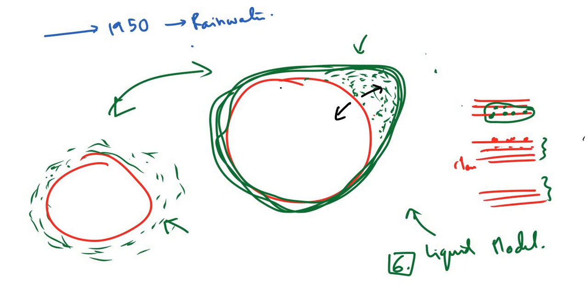Now in fact Rainwater showed that this picture gives quadrupole moments quite similar to the experimental values, and in fact it also accounted for their variation with shell structure. So with this idea by Rainwater, this was the origin.